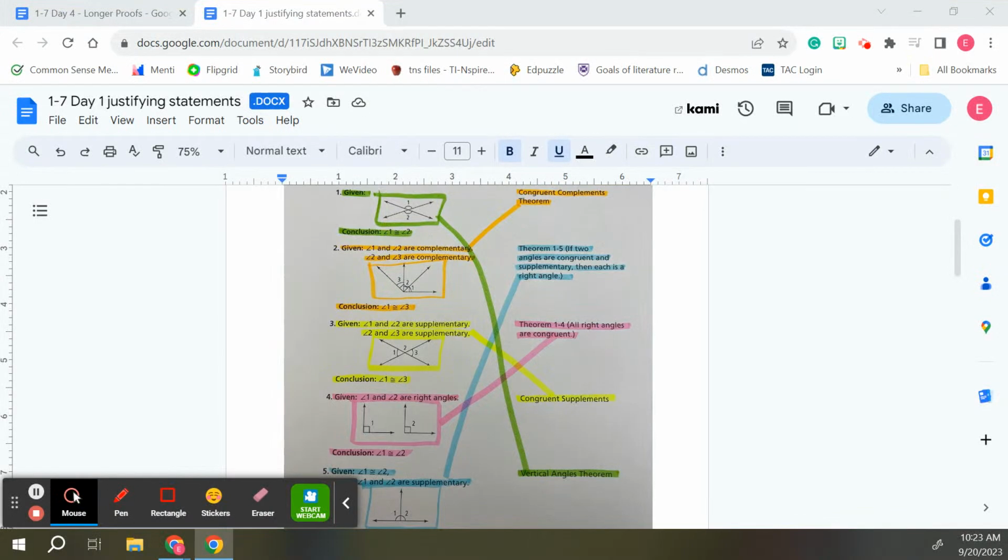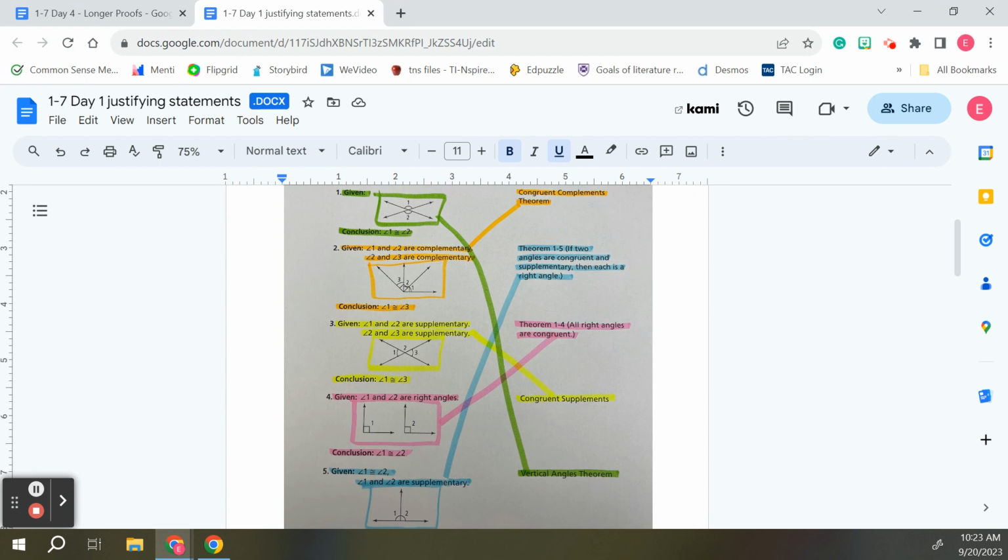Okay, so here's the warm-up. How are we doing on this? Any questions on identifying them or anything I can address for you guys? All right, are we good?